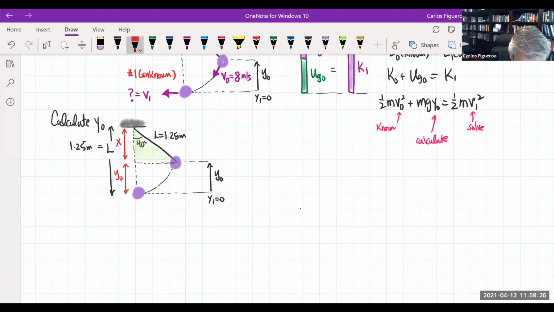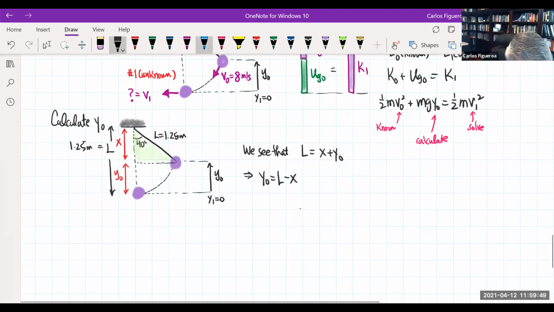And what we find here is that L must equal x plus y naught. So the way to get y initial is that y initial must be L minus x. So this is the guy that we got to calculate.